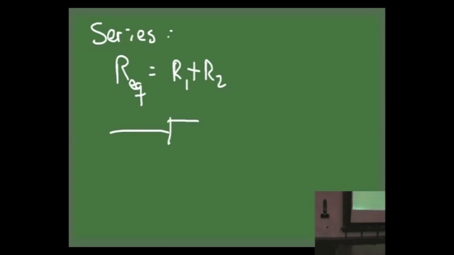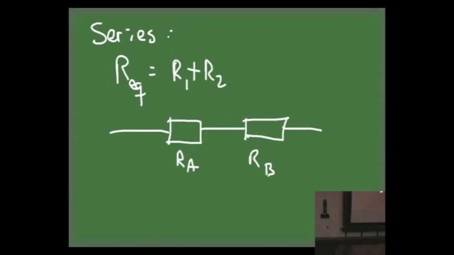The typical situation, of course, is one resistor connected right after the other. But there are other possibilities, because you don't have to have them right after each other for that to be true. The condition is that if the current that goes through one has to go through the other one, then they're in series. So this also is a possibility.